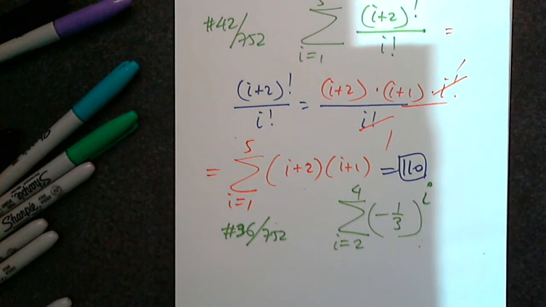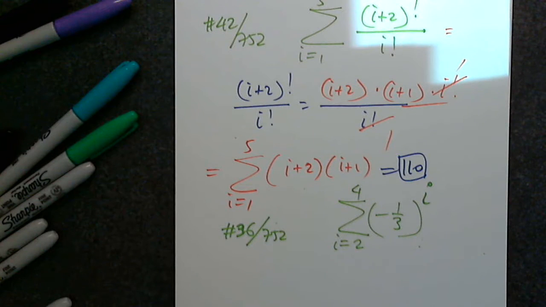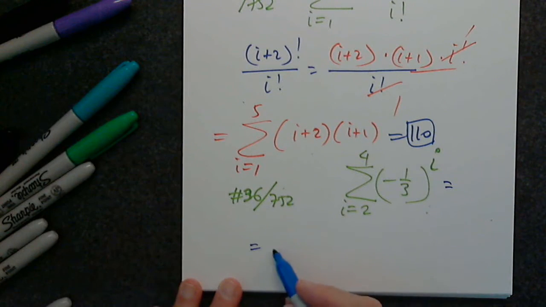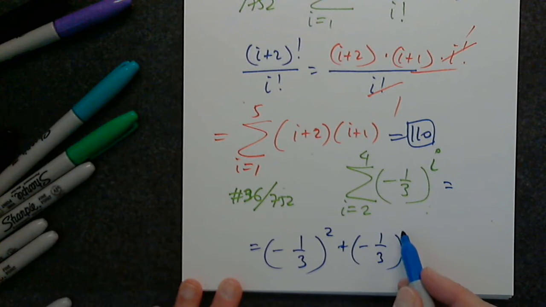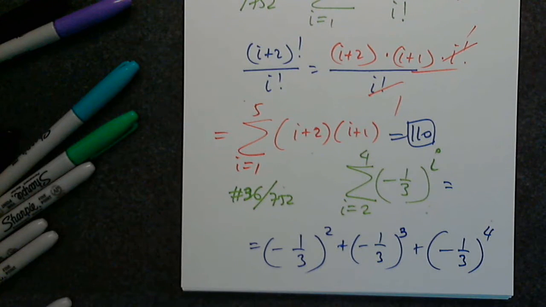In 36 we have the sum from i equals 2 to 4. So we have three terms here: when i is 2, when i is 3, and when i is 4, three terms of negative 1/3 to the i. I just want to list these terms one time. So this plus negative 1/3 to the third power plus negative 1/3 to the fourth power. That's all it is.